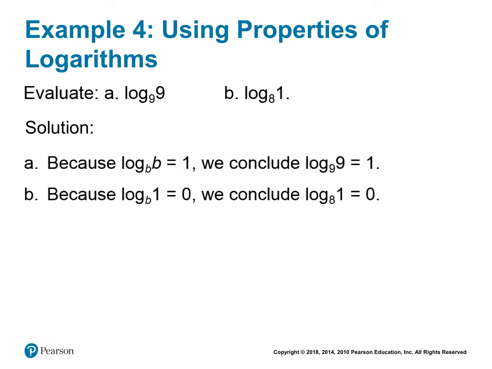If we look at example 4, it's saying to evaluate or solve. So we just said that this was true. So since these match, we can conclude that this equals 1.